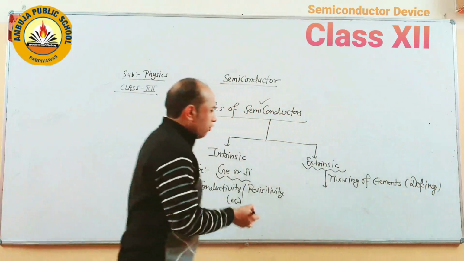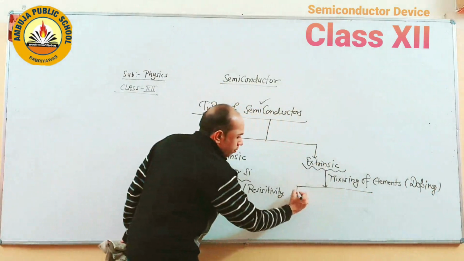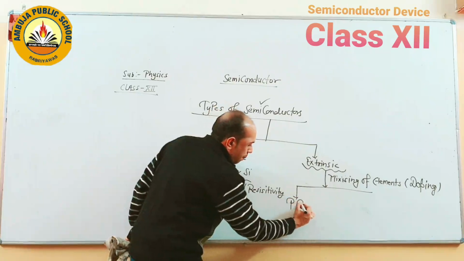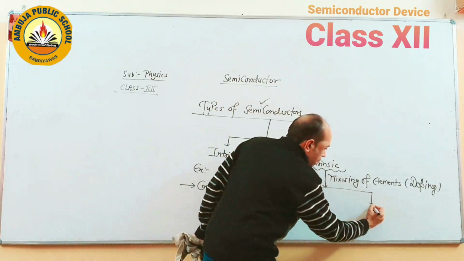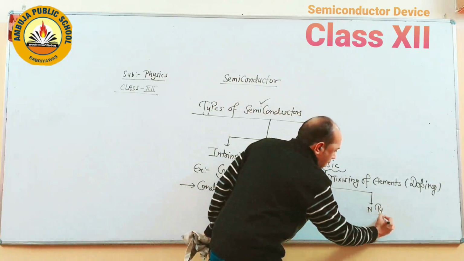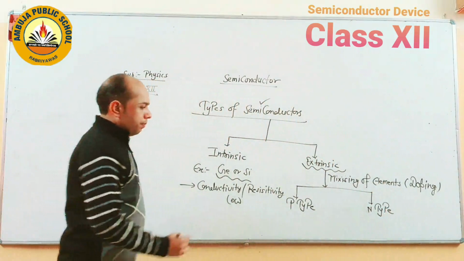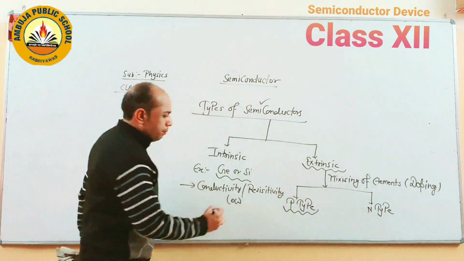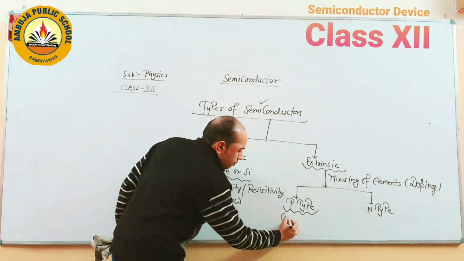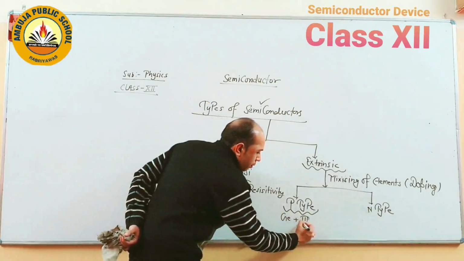Via doping, extrinsic semiconductors are further classified into two categories. First is p type and second is n type. In a p type semiconductor, pure germanium or silicon is mixed with trivalent impurity.